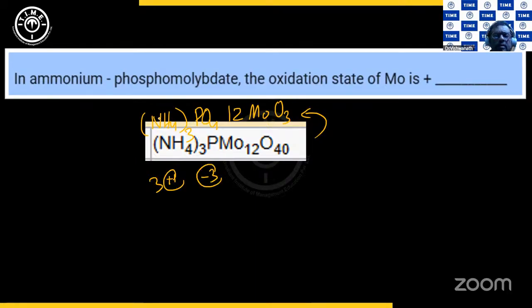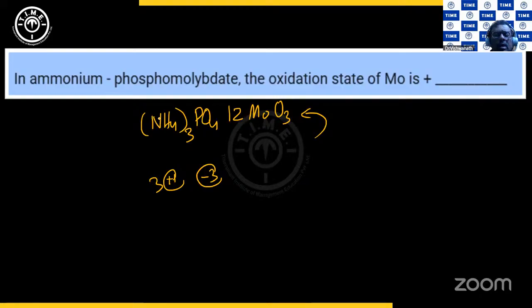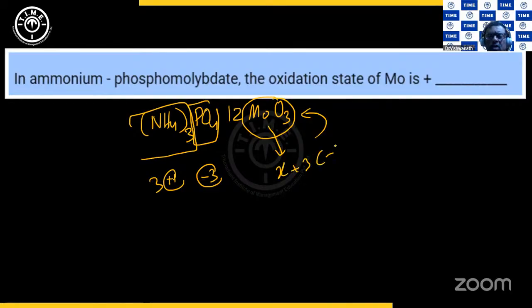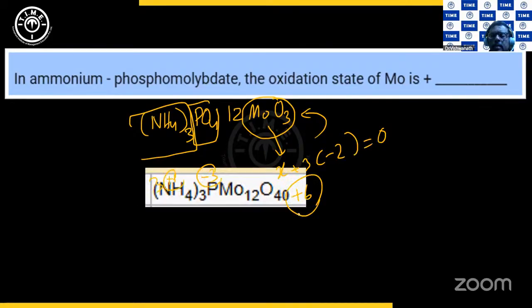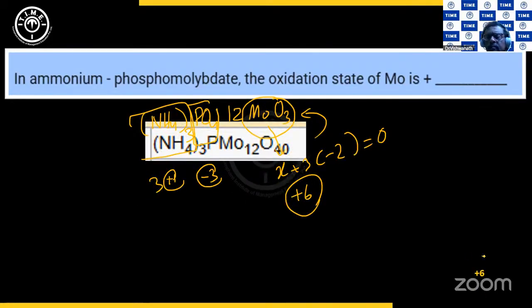Those things will cancel out. So if I remove this, look at this now. So this +3 and that -3 cancels out. So this entire thing is neutral now. So MoO3 is like that WO3, is it not? So X plus 3 into -2 is equal to 0. So X is +6. So answer is +6. Clear? Ammonium phosphomolybdate has got what as the color? It is yellow color. This is used in the estimation of phosphorus, isn't it?